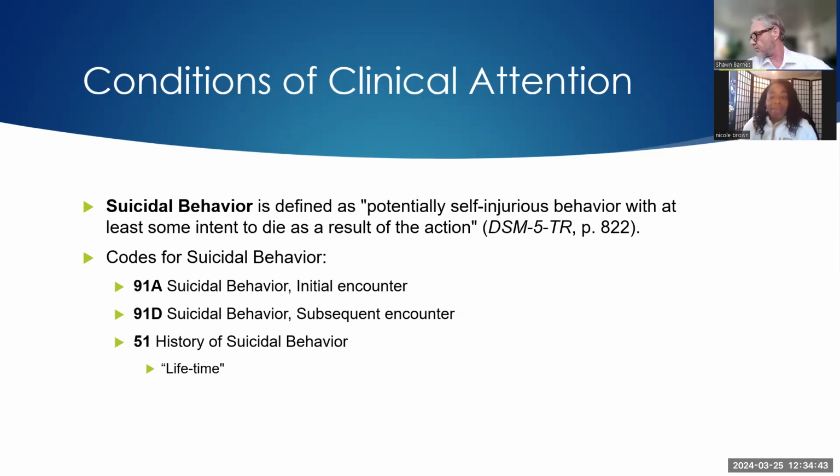So suicidal behaviors and non-suicidal self-injury are conditions of clinical attention with an ICD-10 code, each to indicate if the client is currently engaged in suicidal behavior or non-suicidal self-injurious behavior, or has a history of the behavior.